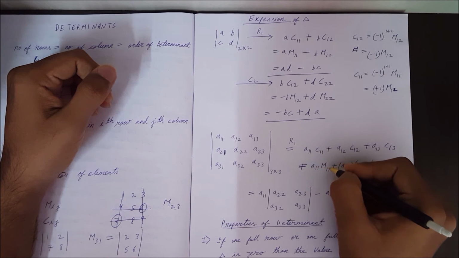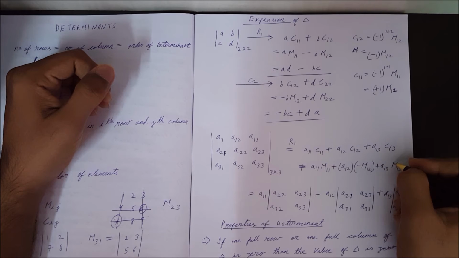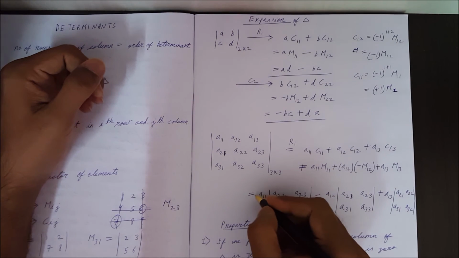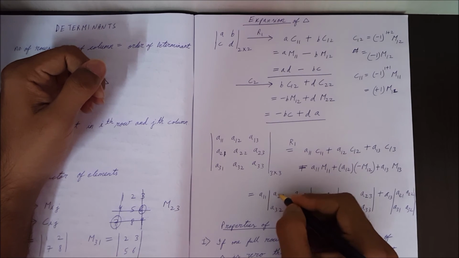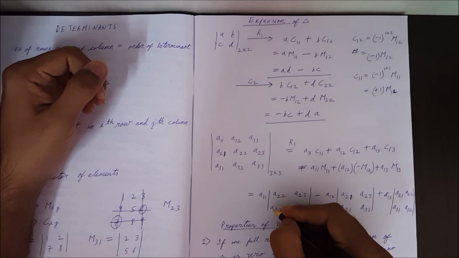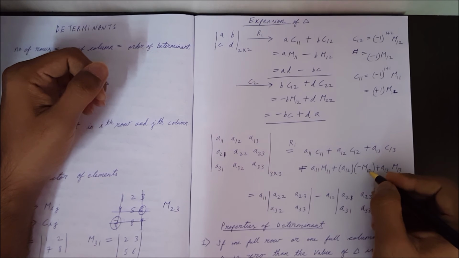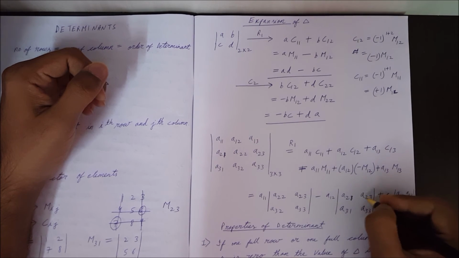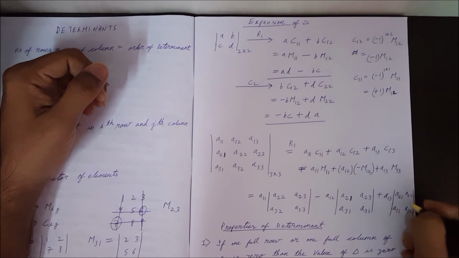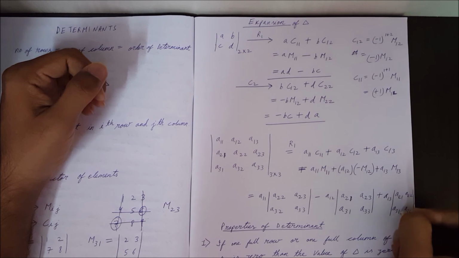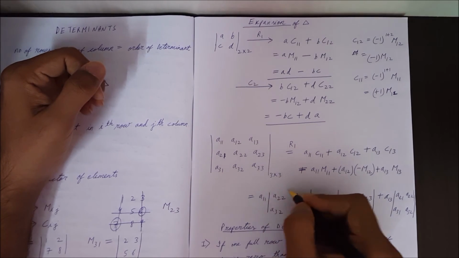So a11 M11 plus a12 times minus M12 plus a13 M13, where these are minors. So a11 into the minor of 11, which is a22 a23 a32 a33, minus a12 into the minor of 12, which is a21 a23 a31 a33, plus a13 into the minor of 13, which is a21 a22 a31 a32. So this is the expansion of a 3 by 3 determinant.